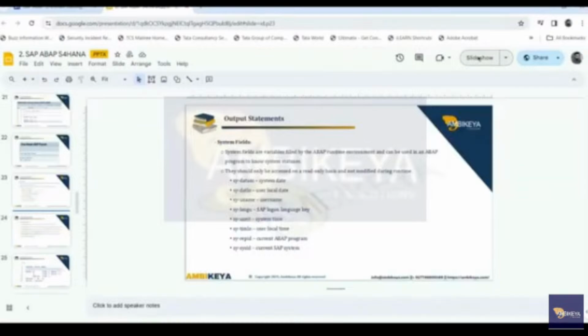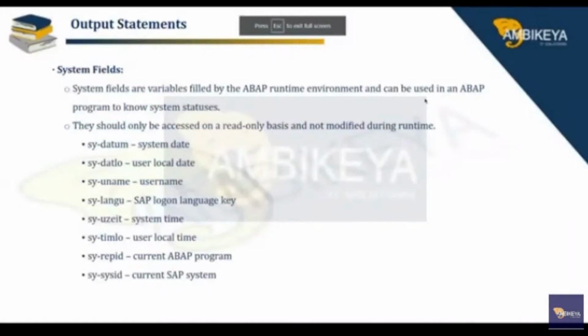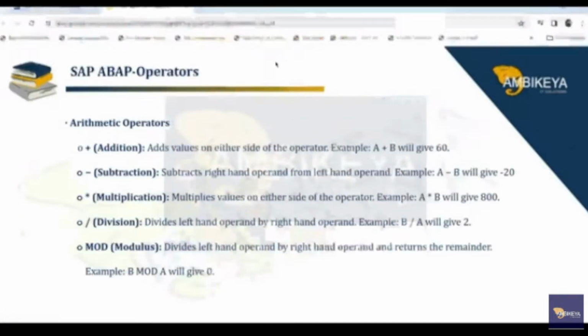Okay, so these are some system variables you have to remember. SY-DATUM means system date, SY-DATLO local date, username, language, SY-UZEIT time, local time, current program name, and current SAP system. These are all different system variables.